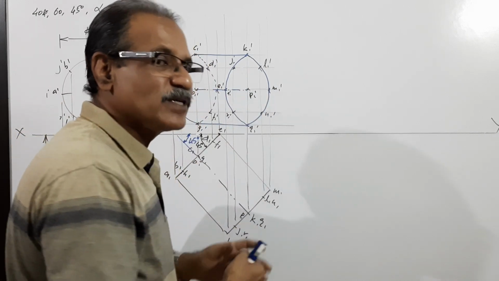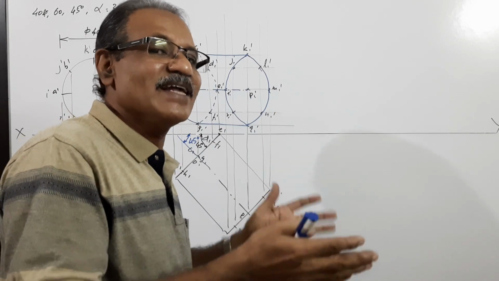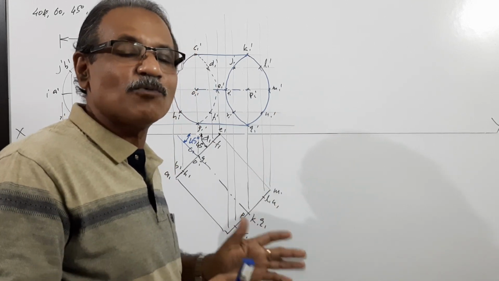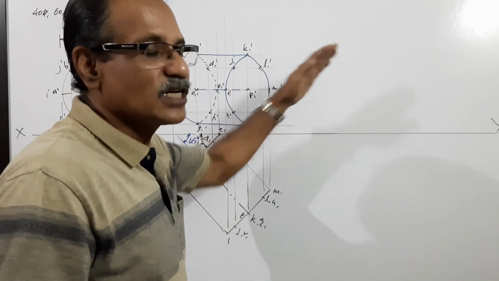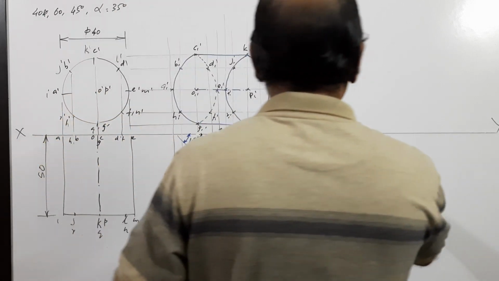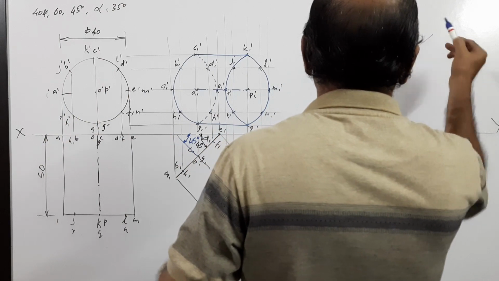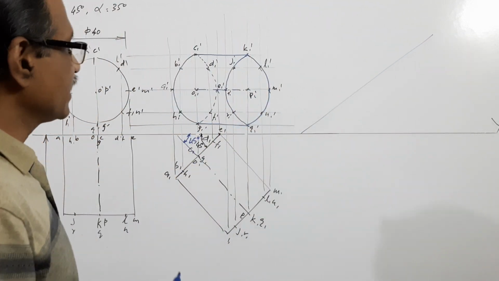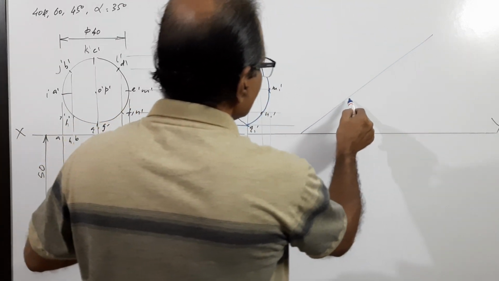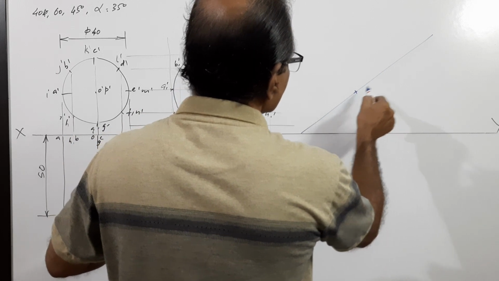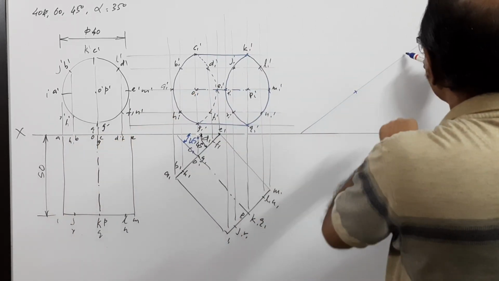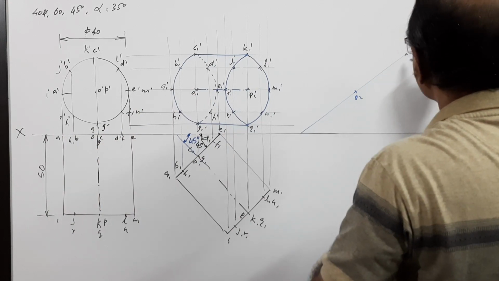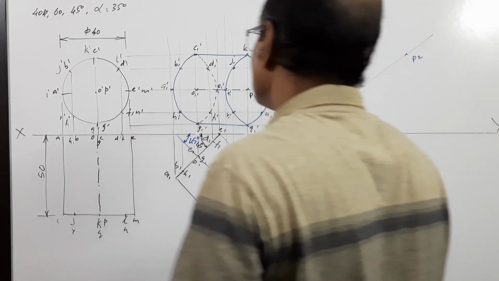The axis is inclined to HP so that the elevation of the axis makes some angle. How much is that angle? 35 degrees. So what you have to do? You have to redraw this elevation. How will you redraw? Draw a 35 degree line. On that line, choose O2, P2.